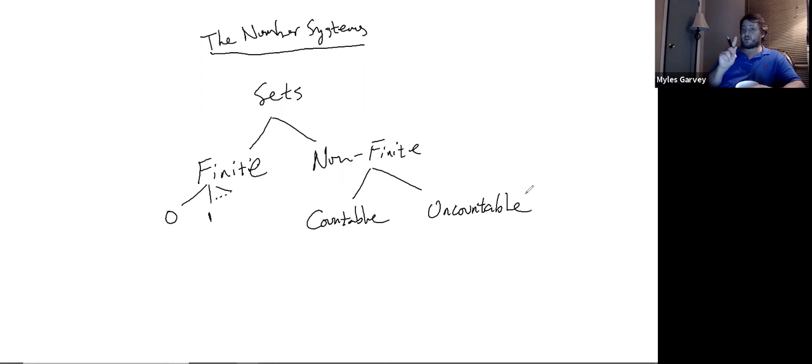So all sets can be classified as being under either 0, 1, 2, however many fixed elements are in there, and non-finite sets can be classified as being either countable or non-countable. Now, coming back around, let's first talk about the finite sets. And these are really what we like to call the countable sets.